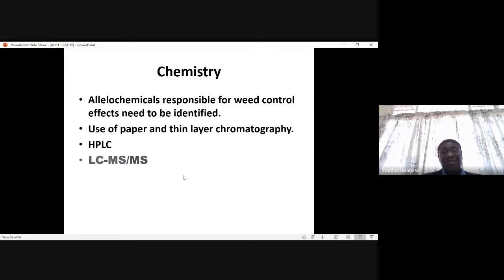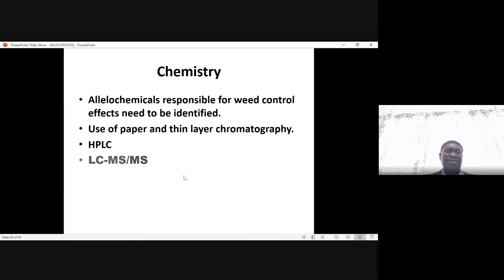Now, if you find that there are some allelopathic plants which can potentially be used to control weeds, you may be interested in the chemistry. You want to find out what is actually causing this effect. So you need to extract the allelochemicals and identify them.